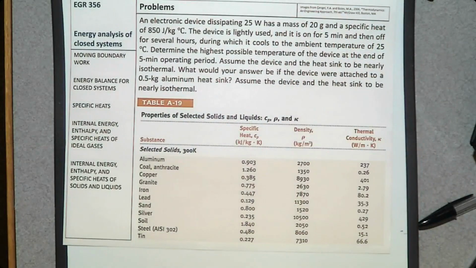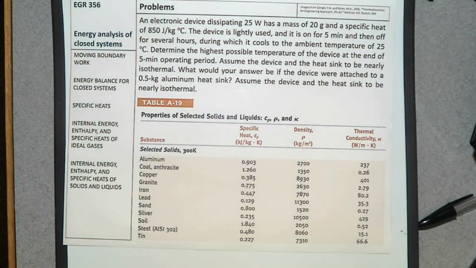This is the last problem for a closed system, then we are going to talk about an open system. An electronic device dissipating 25 watts has a mass of 20 grams and a specific heat of 850 joule per kilogram degrees Celsius.